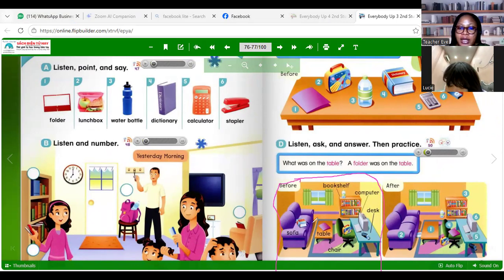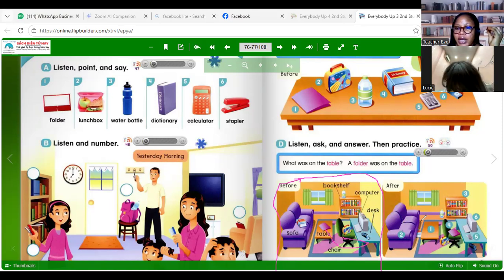So now, the dictionary was on the sofa, the folder, the lunchbox, stapler, calculator, and water bottle. So now let's ask the question after. Look at this. There is no longer a dictionary on the sofa.